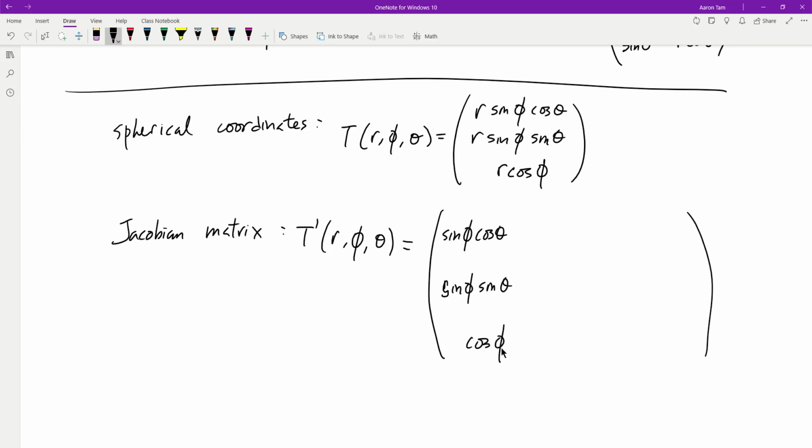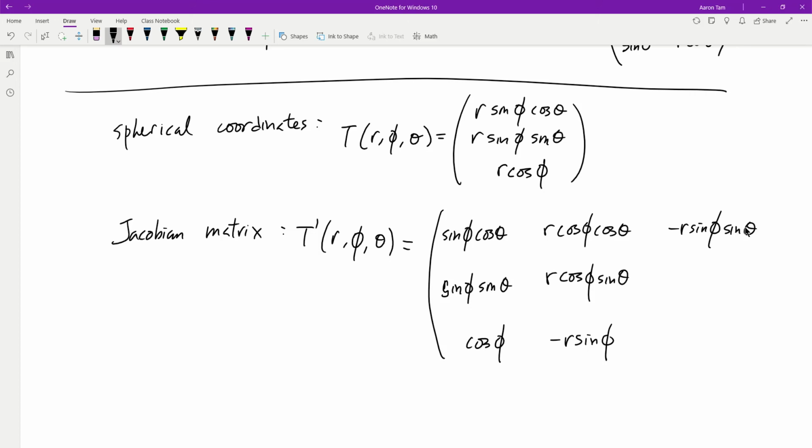These are all with respect to r. This is with respect to phi, so therefore it will be this. And then with theta, notice that this one is not dependent on theta at all, so therefore you get 0. So that's the Jacobian matrix.